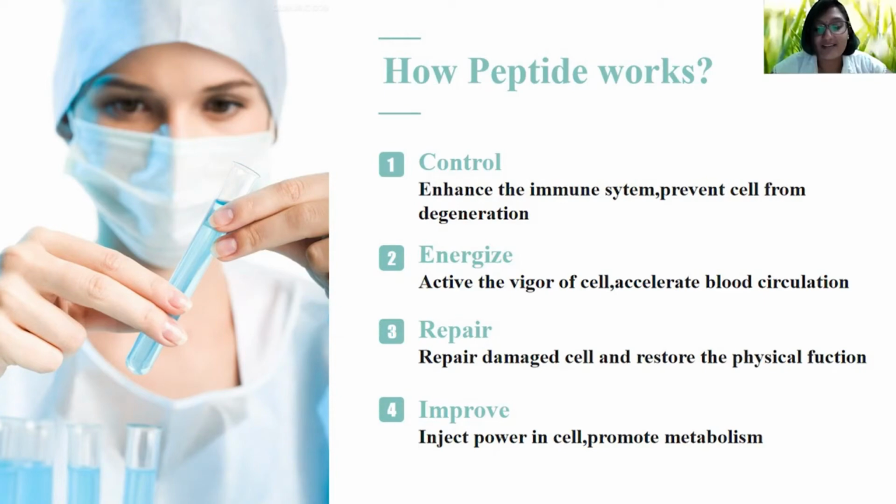Last but not least, it also promotes and maintains cell metabolism. It will inject power into our cells and promote metabolism. So these are the 4 main core functions. That is how peptide works in our body.